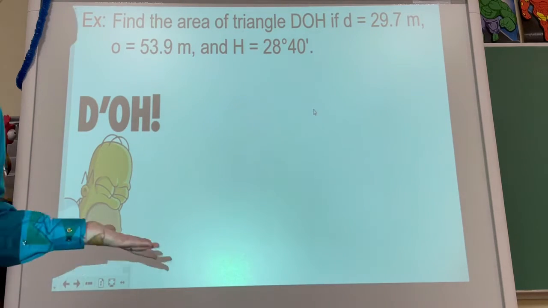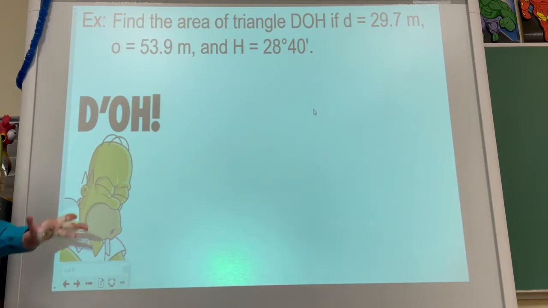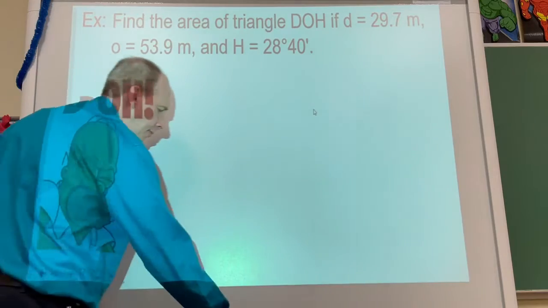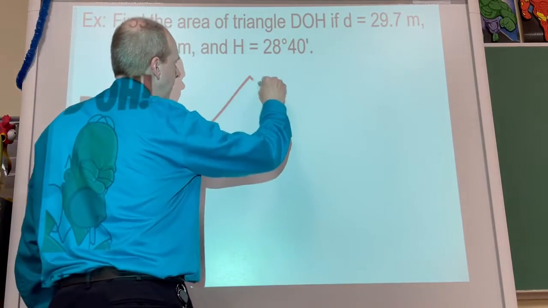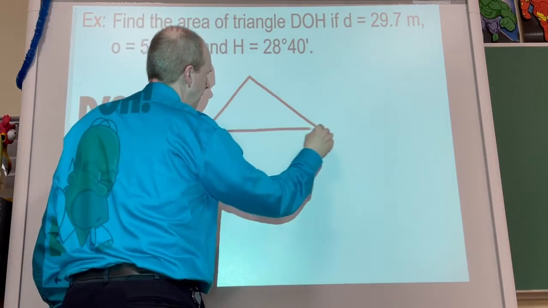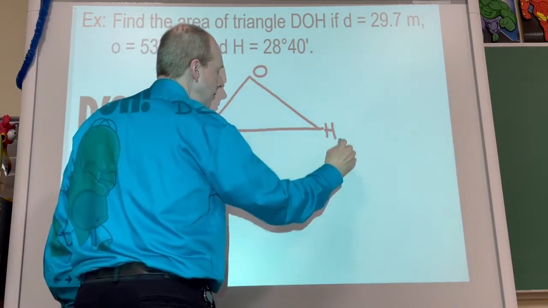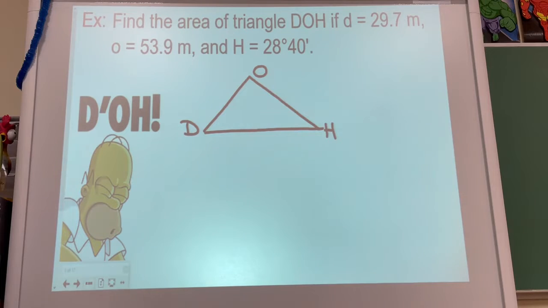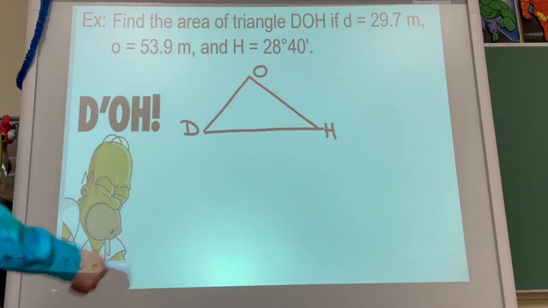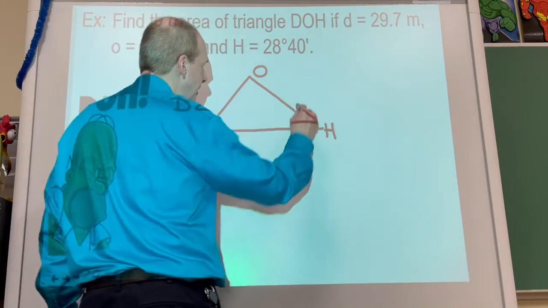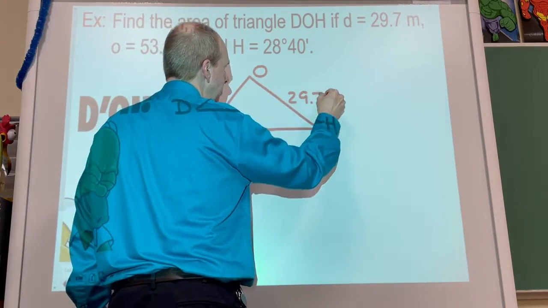Well, the first thing you would do is draw yourself a triangle, of course. So let's draw ourselves an oblique triangle. Labeling what we know. Side d, that's 29.7 meters.